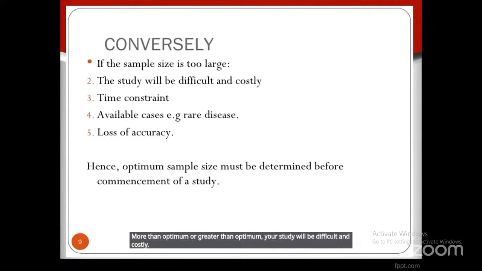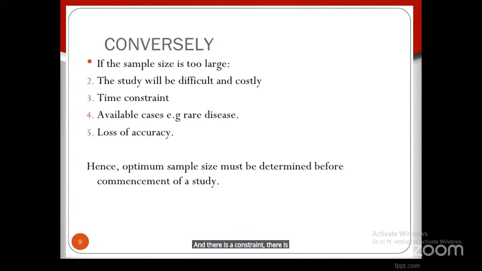And there is a constraint, that is, time is the constraint. And there is a possibility of loss of accuracy of our research if the sample size is too large. Therefore, optimum sample size must be determined before the commencement of the study.